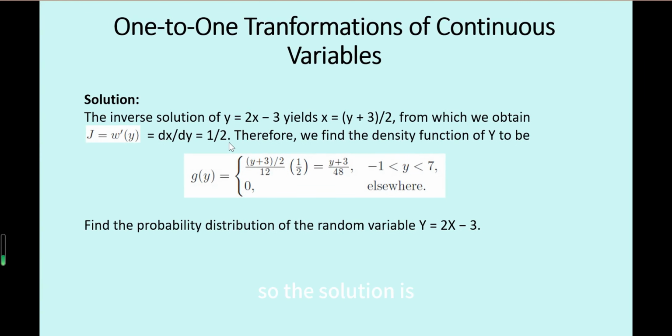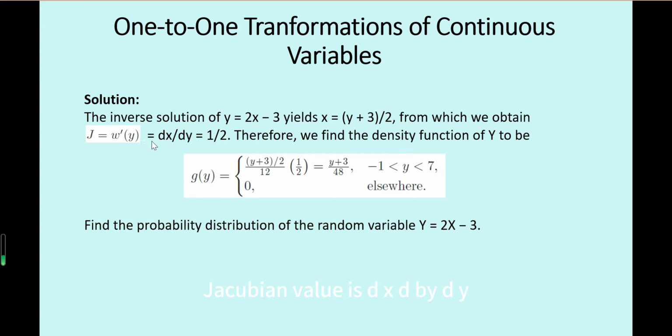So the solution is, we can get the inverse solution of y = 2x - 3. We get x = (y + 3) divided by 2. This is a one-to-one transformation, because for each value of x we get a unique value of y. Then we can get the Jacobian.